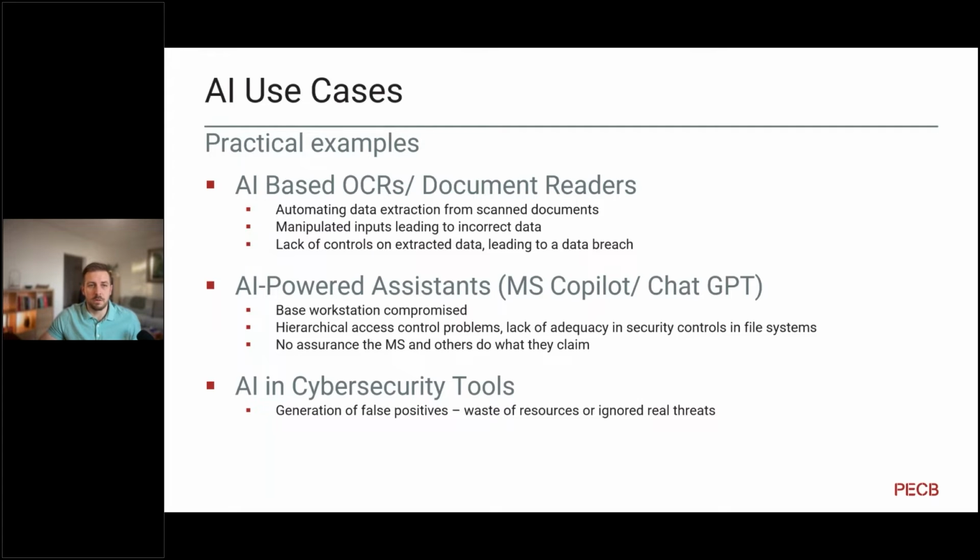Another use case is AI-powered assistants, such as Microsoft Copilot or ChatGPT. Some of the more common concerns about these, I don't feel are all that big risks because they can be mitigated by other actions, which we'll look at later on. But for certain aspects of these, documents can be read within file directories if you so choose to set that up.